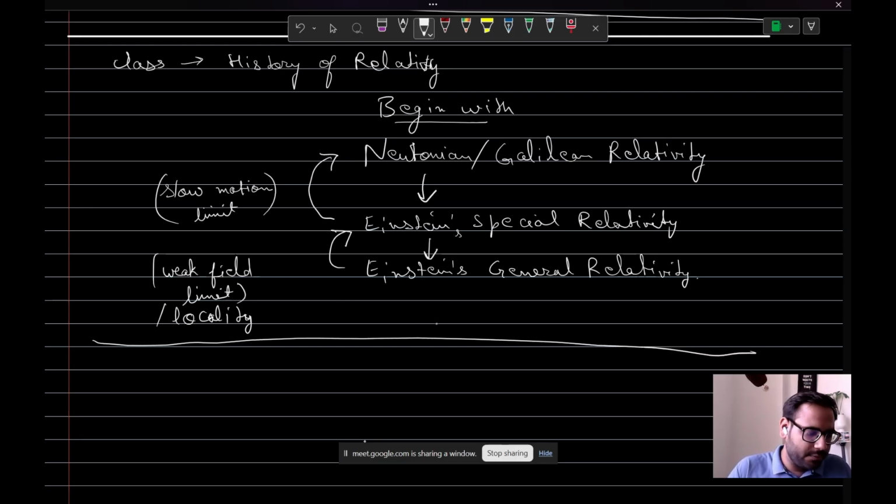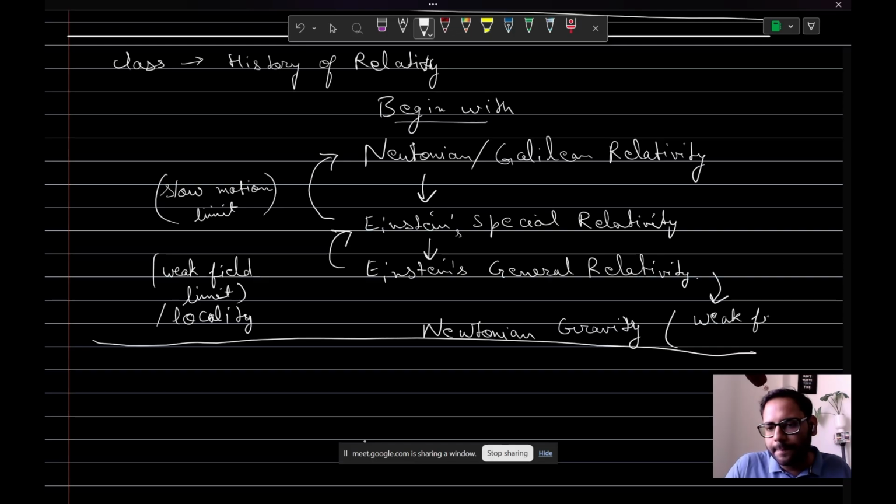Also, if we talk about Newtonian gravity, it is a particular limit of GR, and that limit is both the weak field limit plus the slow motion limit. In this limit we will get our Newtonian gravity.